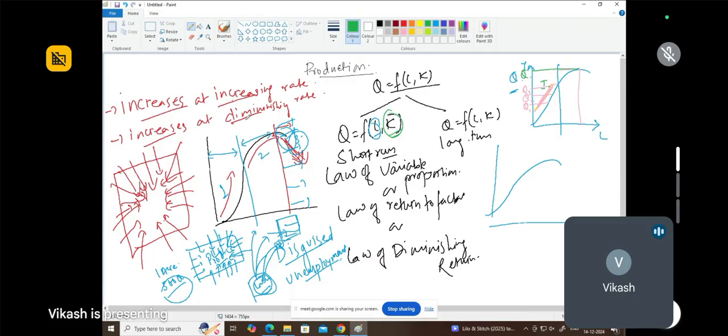From the increasing rate or the diminishing rate perspective, this is what we have mathematically derived: marginal productivity is increasing in one stage and decreasing in another. But at the end of the day, the owner of a company wants to maximize production.